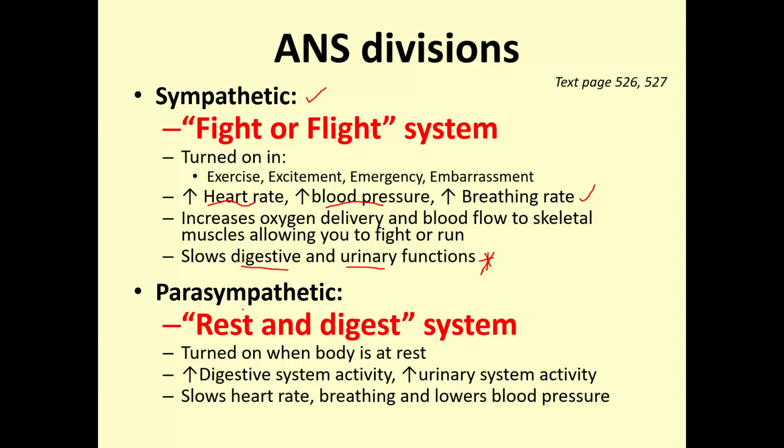So rest and digest, anything that would be involved with those two processes will be turned on by the parasympathetic nervous system. So it's no surprise to us that everything in your digestive system is turned on by parasympathetic neurons. Getting all the secretions that have enzymes that do digestion, that's turned on by the parasympathetic nervous system.